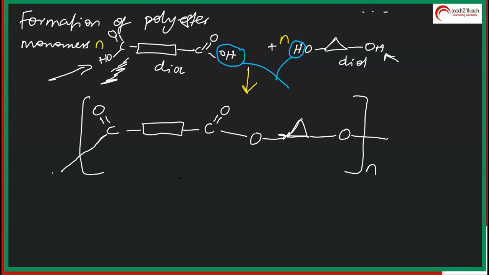Molecule. So this is called the repeating what? Unit. One of it like this without the N. If this N is 1, then this is the repeating unit.